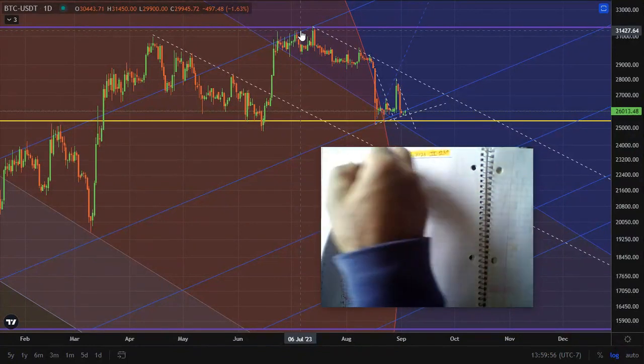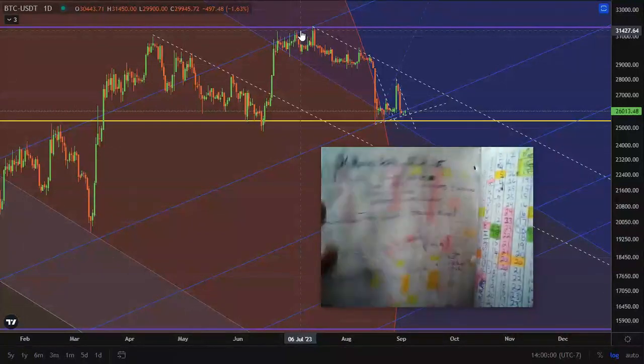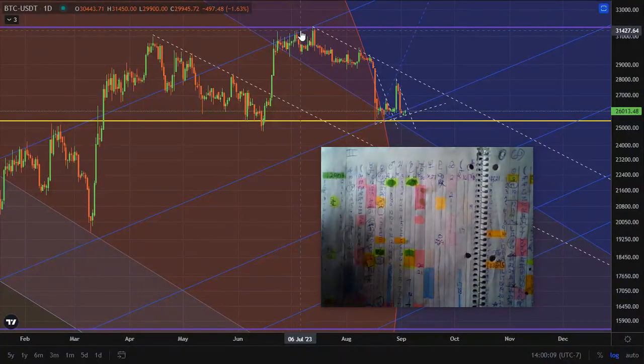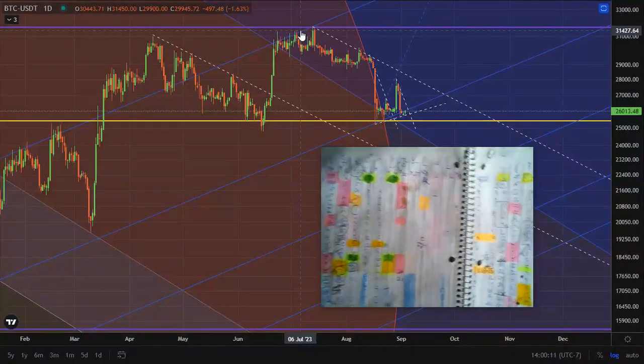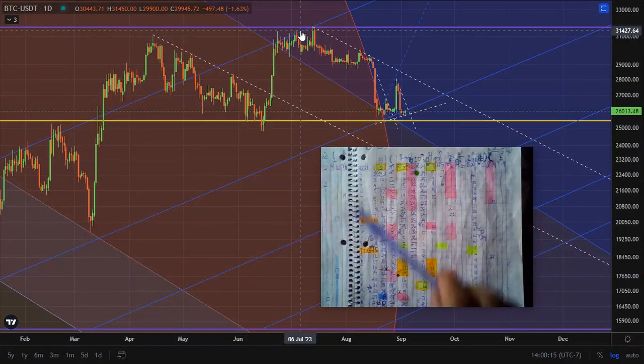Let's go look at my ephemeris, right? My trusty old ephemeris. I've been teaching you a little bit about this. So what do we say here? 8 degrees. Check it out, guys.